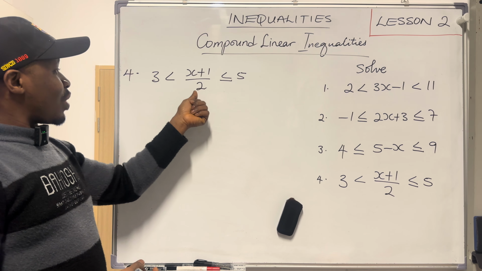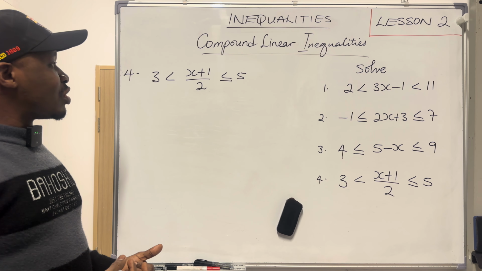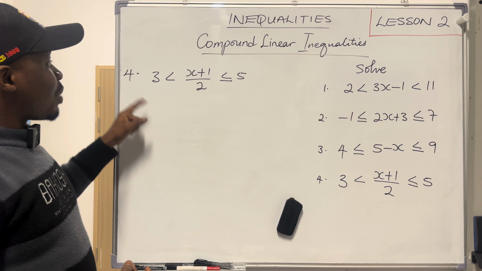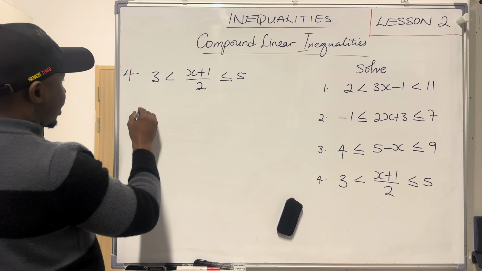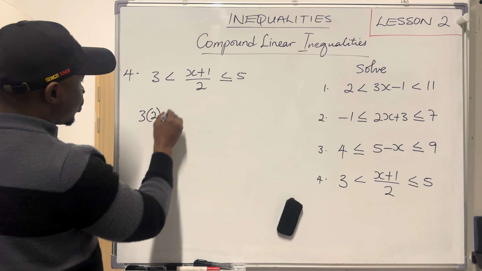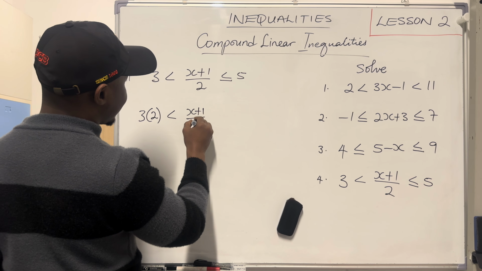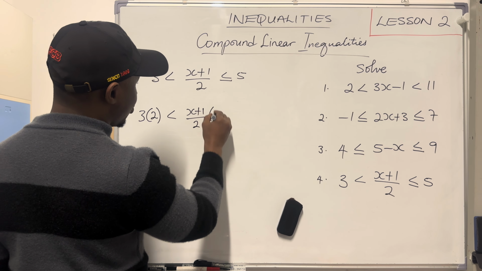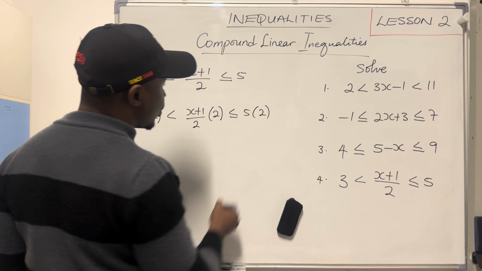So let us try to eliminate the denominator, which is 2. How do we eliminate the denominator, which is 2? We multiply every term by 2. So this 3 is multiplied by 2, less than x plus 1 over 2 is multiplied by 2, less than or equal to 5 multiplied by 2.